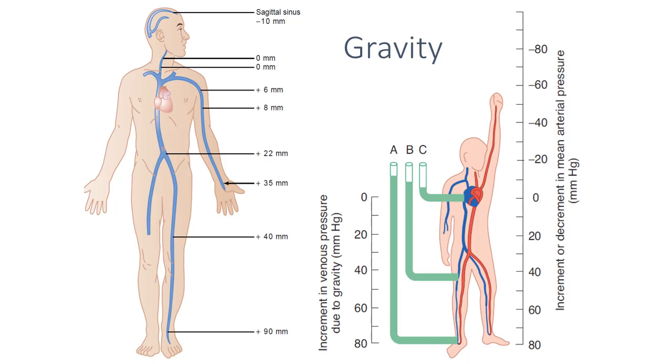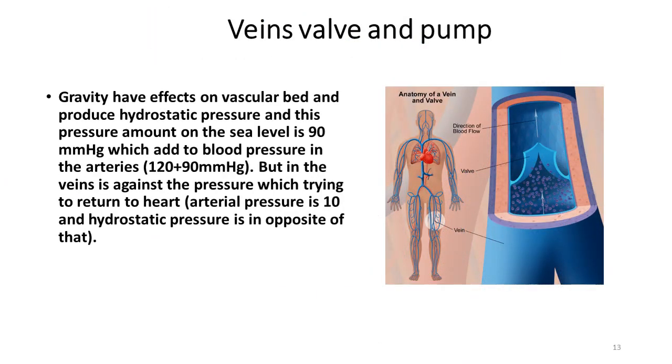So, which factors help veins to collect the blood from the feet and return it into the heart? As I said, hydrostatic pressure in the arteries is 100 or 120 plus 90 millimeters of mercury, the pressure of gravity.